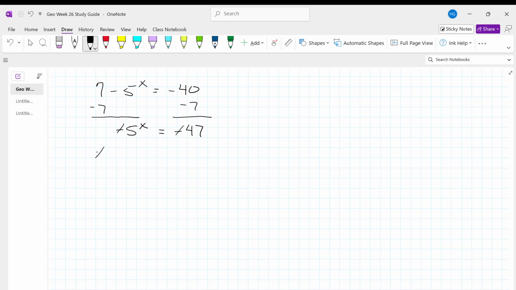We write it in log form. So x log 5 equals log 47. And then divide both sides by log 5.